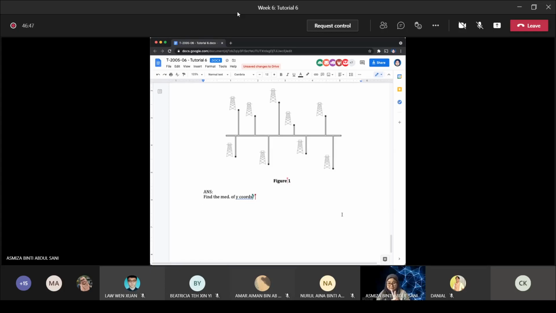So there are different ways that you could be saying. Either you want to find the y coordinates between the nearest and the furthest, so you find the median, or you find the median of all the y coordinates for all the wells. So which one? Class? Or they are the same?